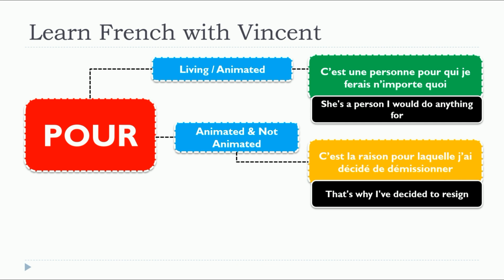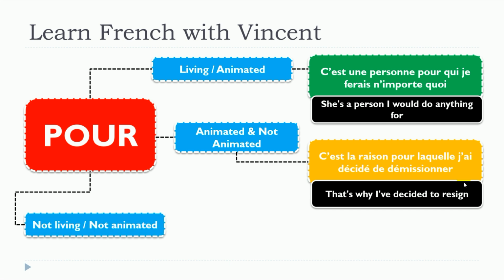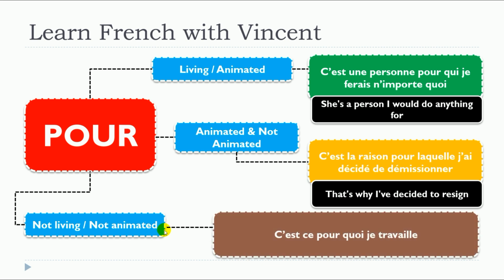And the last category that we will have, it will be the not living and not animated category. And you will see, it will make sense now. C'est ce pourquoi je travaille. In that situation, we're using the ce, and obviously ce in that situation, it's not living and not animated.